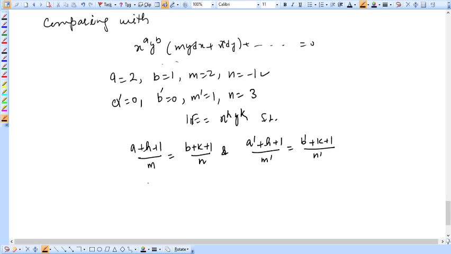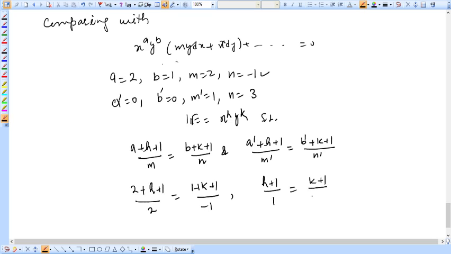So a is equal to 2, h plus 1, m is equal to 2, okay, b is equal to 1, k plus 1, n is equal to -1. a dash is equal to 0, so h plus 1, m dash is equal to 1, b dash is equal to 0, k plus 1, n dash is 3.